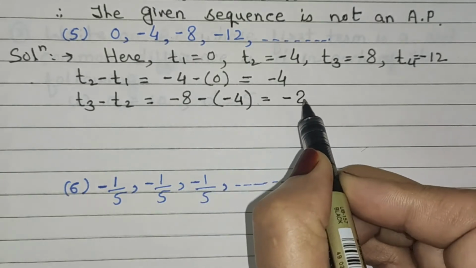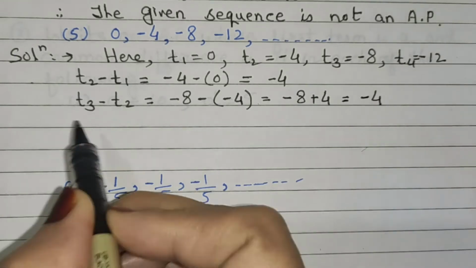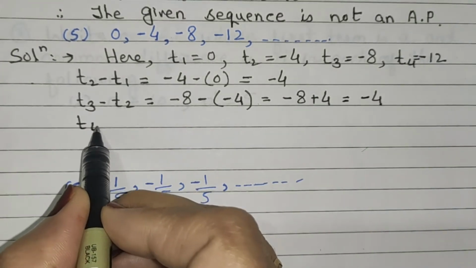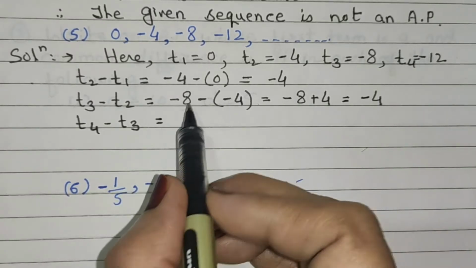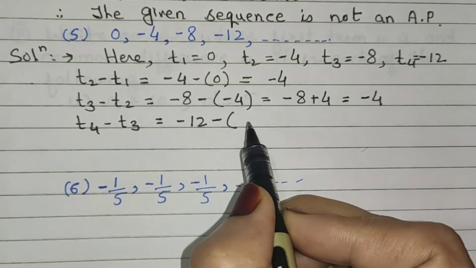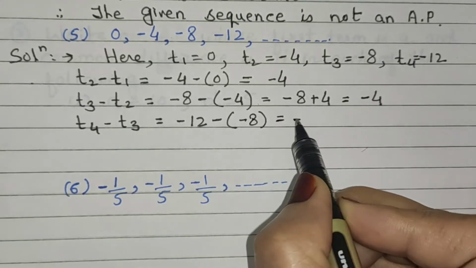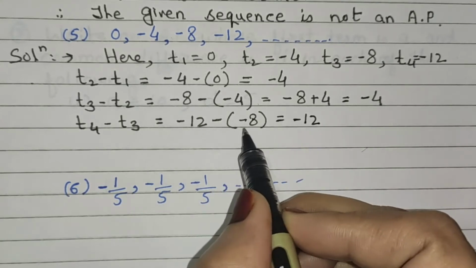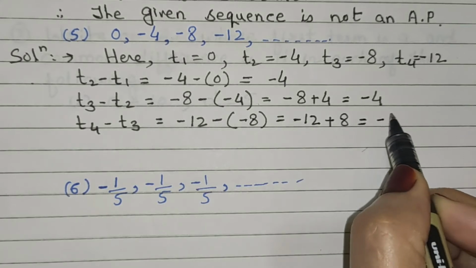Solve. -8 plus 4, which is equal to -4. Next, T4 minus T3 is equal to T4 is -12 minus T3. The value of T3 is -8. Therefore, we get -12 minus into minus plus 8 is equal to -4.